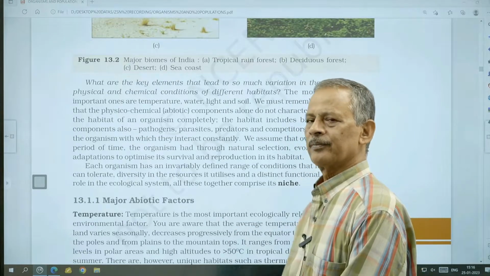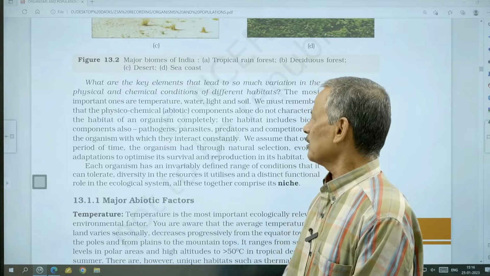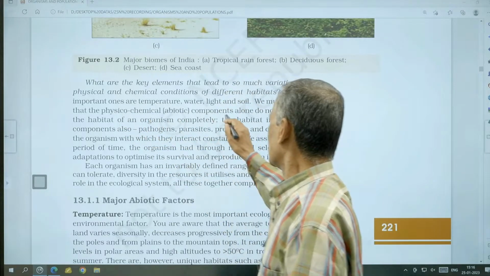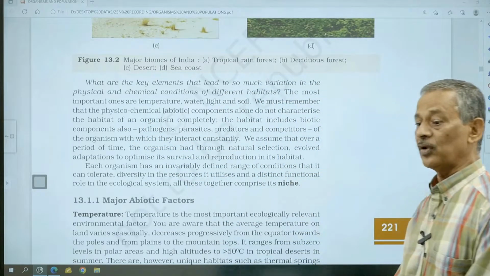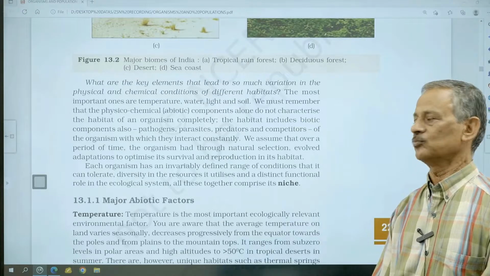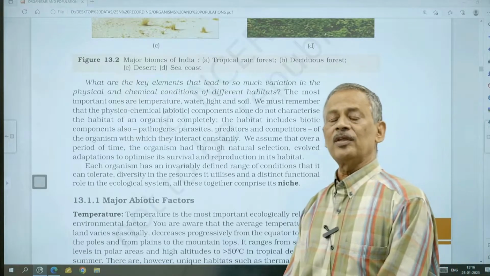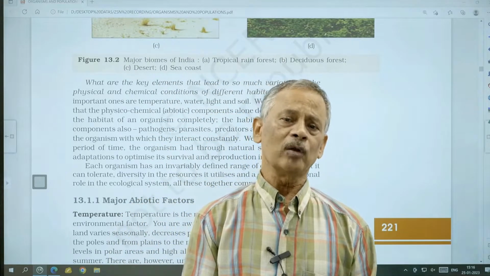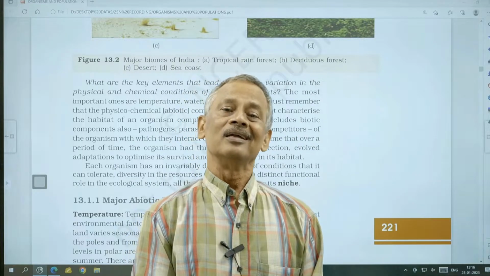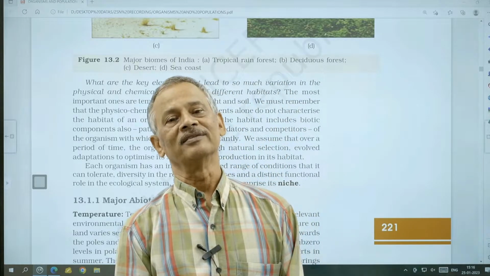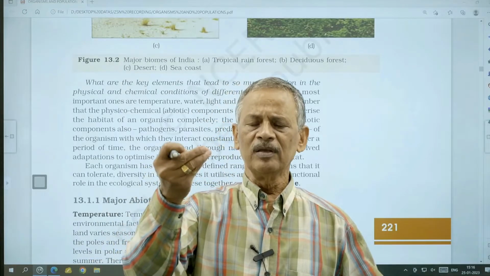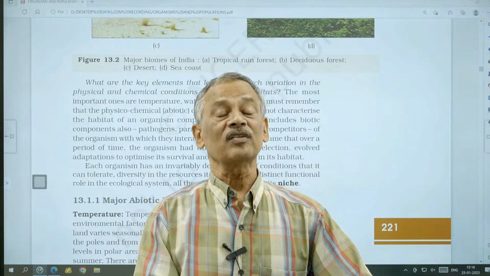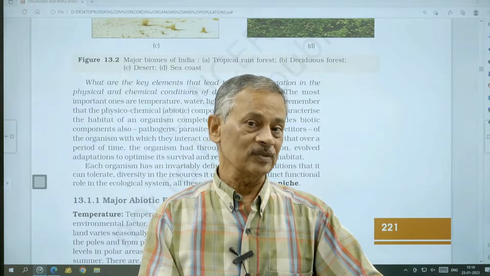Now we will study the most important abiotic factors, which are the physico-chemical components of the environment that influence the life of organisms. Temperature is the most important one. Almost all biomes get heat from the sun. In some deep sea hydrothermal vents, where the light of the sun never reaches, it is permanently dark.